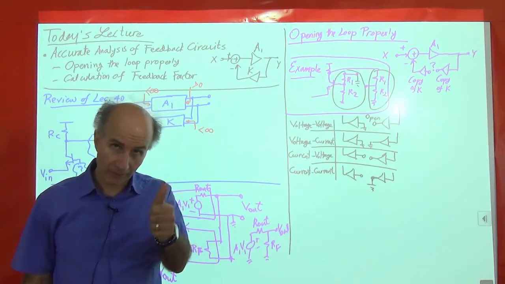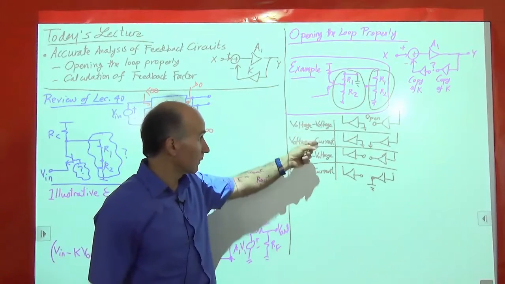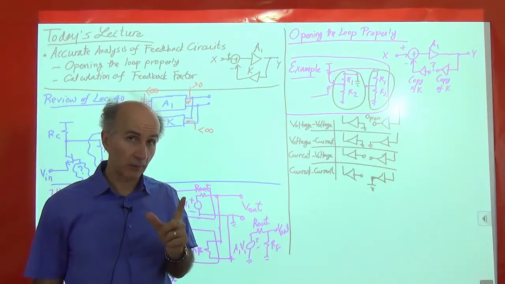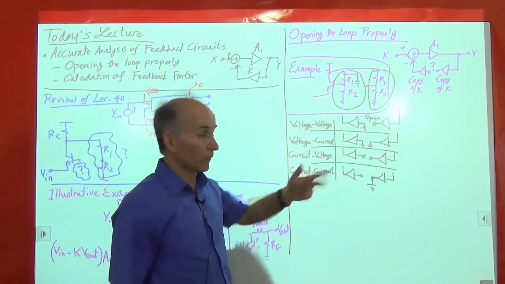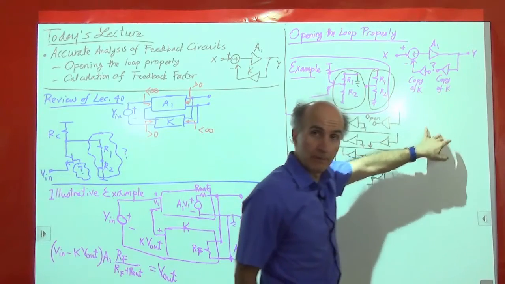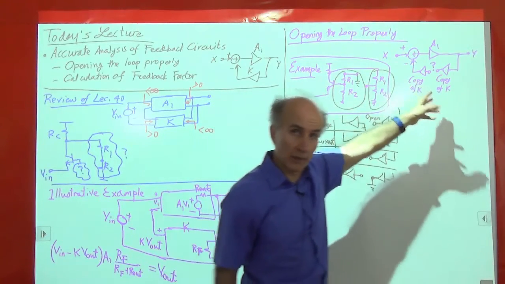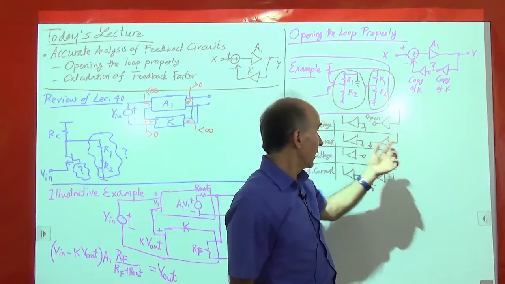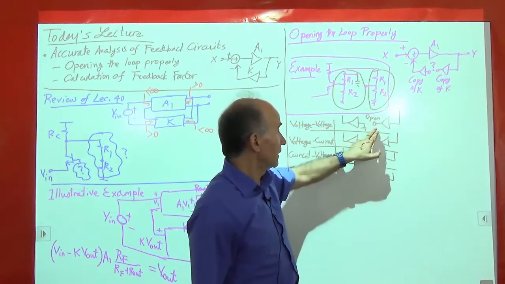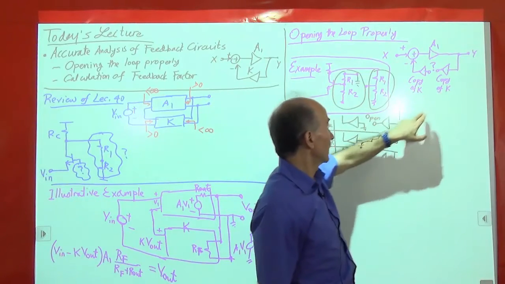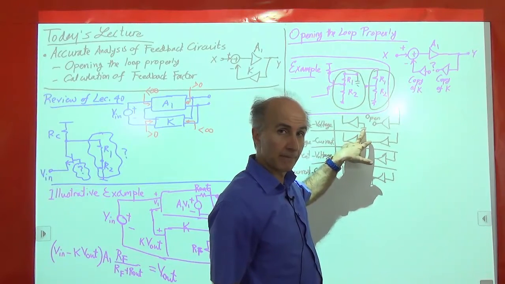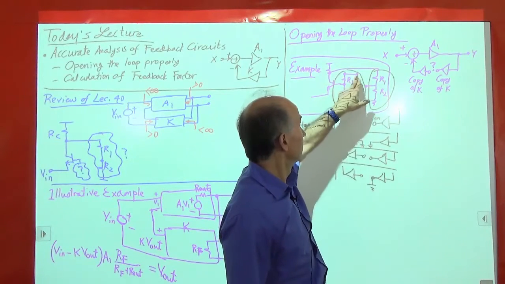Obviously, we have to identify first which one of these it is. And then we also have to identify the feedback network because we have to copy it, right? If we don't know which part is the feedback network, then we can't have a copy here and a copy here. And once we reach this point, we have to figure out what to do with these nodes. And we go to this table. And then we say for voltage, the output of this copy should be left open. The input of this copy should be grounded. All right, just like here.